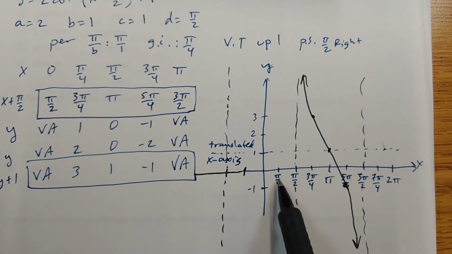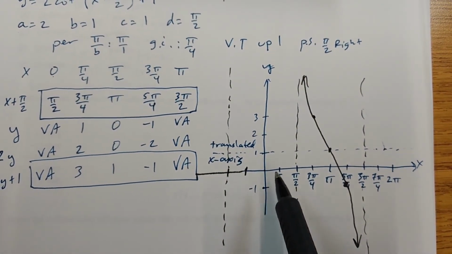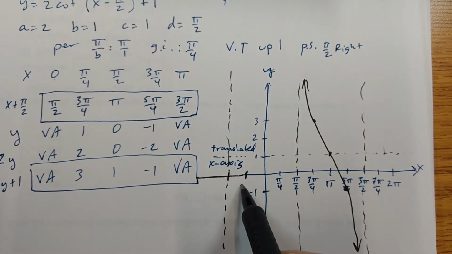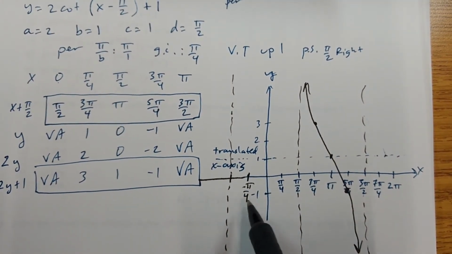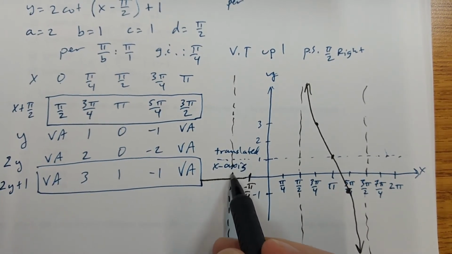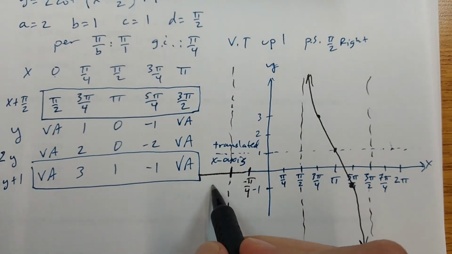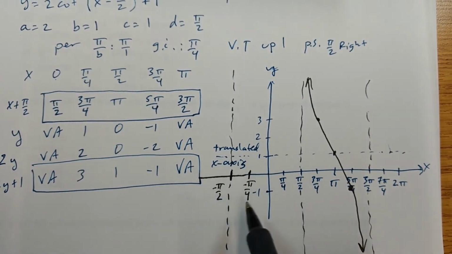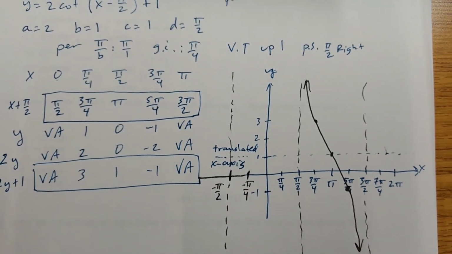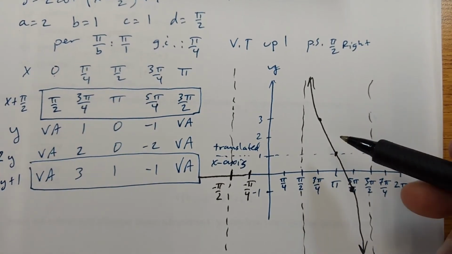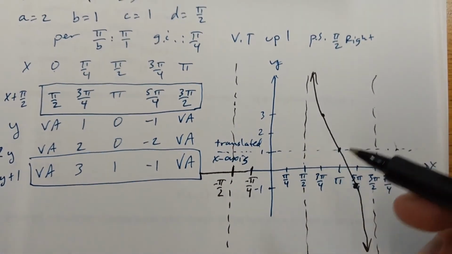So we went to the left of 0 pi over 4, so this will be negative pi divided by 4 here. And then the x value at the left edge of this second period that we're drawing will be negative pi over 2. It's pi over 4 units to the left of pi over 4. And then we just repeat this pattern that we established for the cotangent.